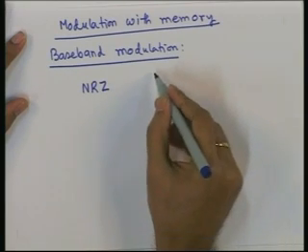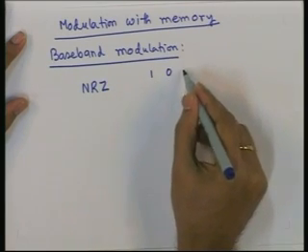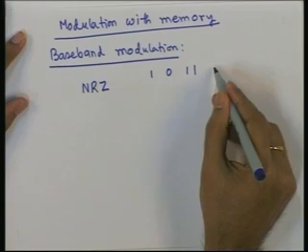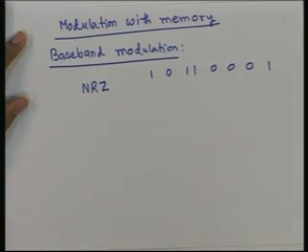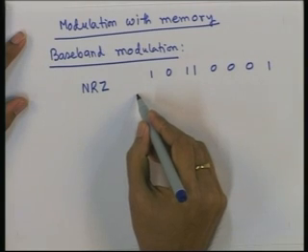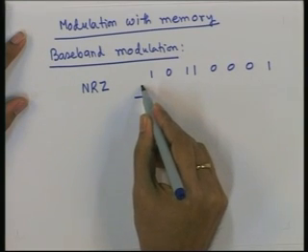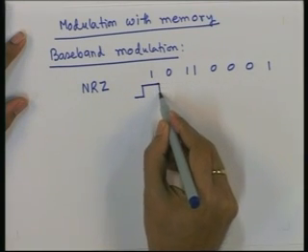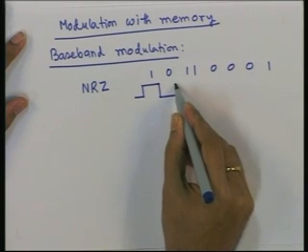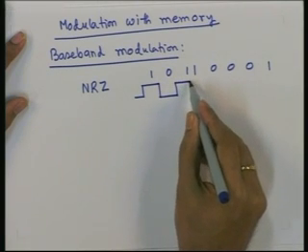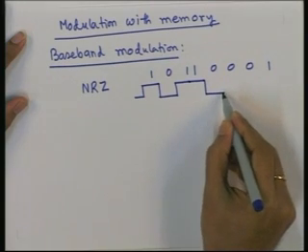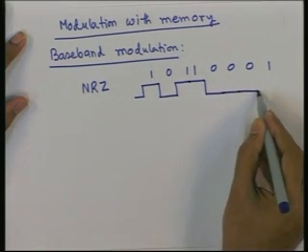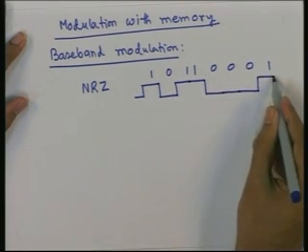So, there let us say you want to transmit 1 0 1 1, then 0 0 0 1 and so on. Then here we will transmit for 1 a high voltage, then a low voltage, then 1, another 1, then 0 0 0, then 1.